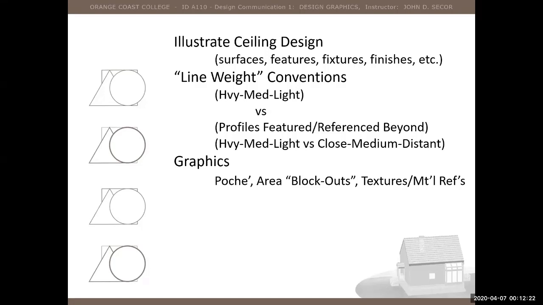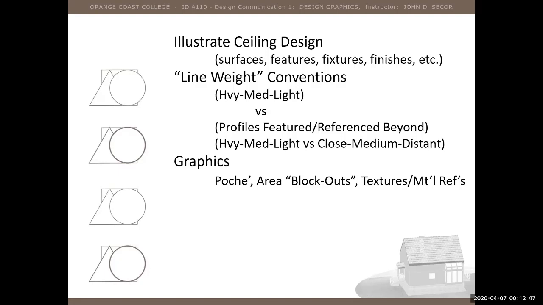Remember, in our elevations and sections, we talked about things that are further back and further away from the picture plane can be drawn with a lighter line, a medium to light line, depending on how the drawing is configured, and heavy lines only for the section cut and in the prominent elements.